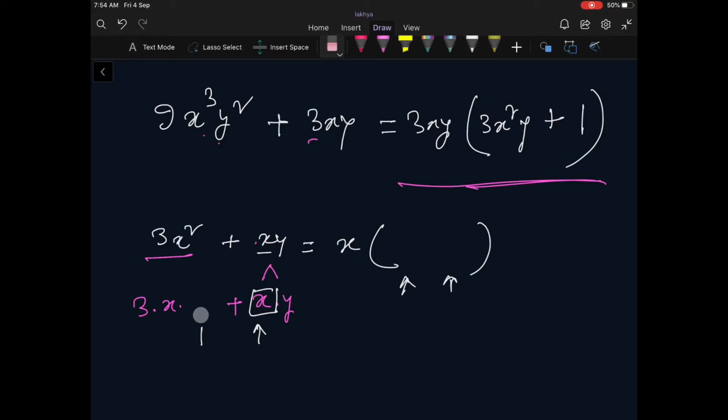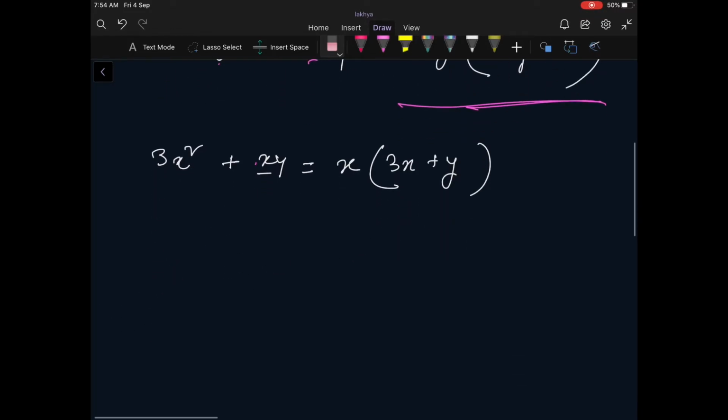From here we have taken common x, and from here also we have taken x common. So remaining terms are thrice x plus y. That's how we can factorize it. Hope you have understood this. So let's move on to another example.